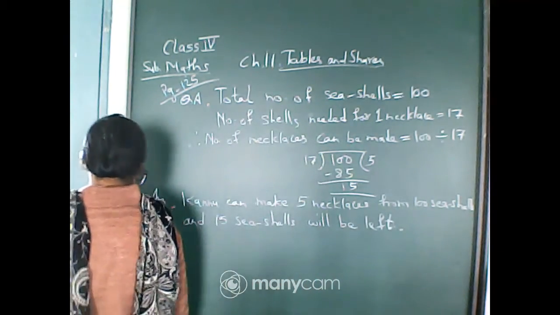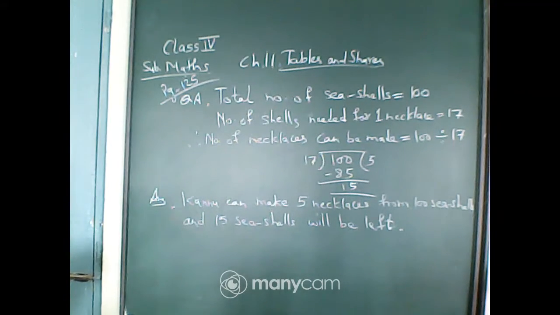Okay. Kanu can make 5 necklaces from 100 seashells and 15 seashells will be left. Okay. I think all have understood.